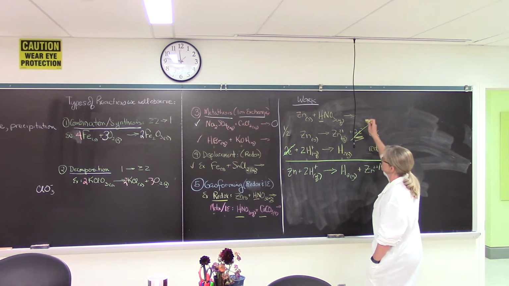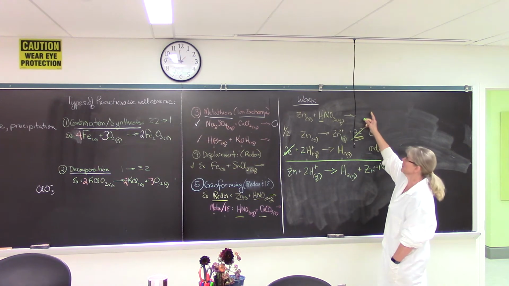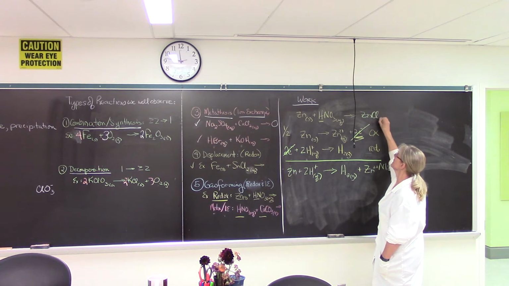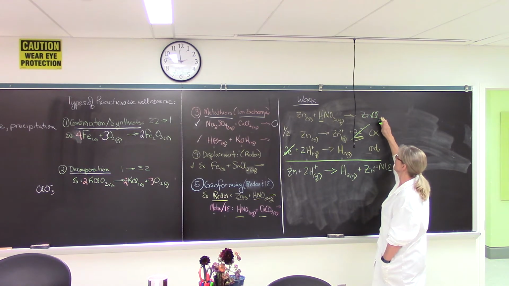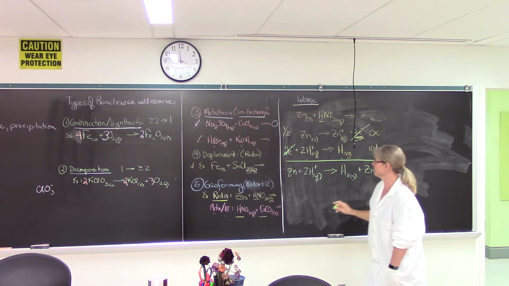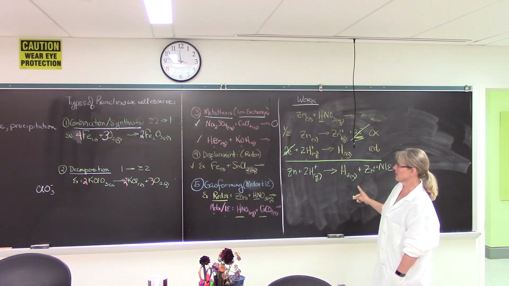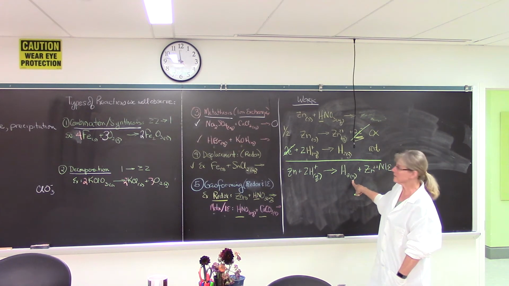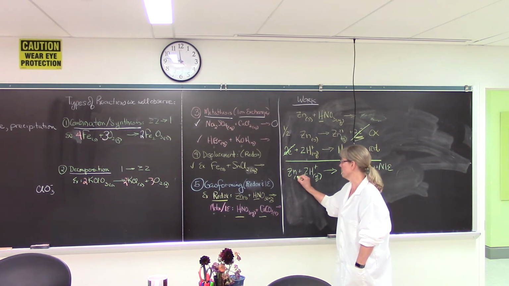Now you can see immediately that if I were to write the complete molecular equation... well, you can't see that yet. Never mind. Hold on. So this is my net ionic equation. You can see right here, that's my product. That's what's going to fizz and bubble.